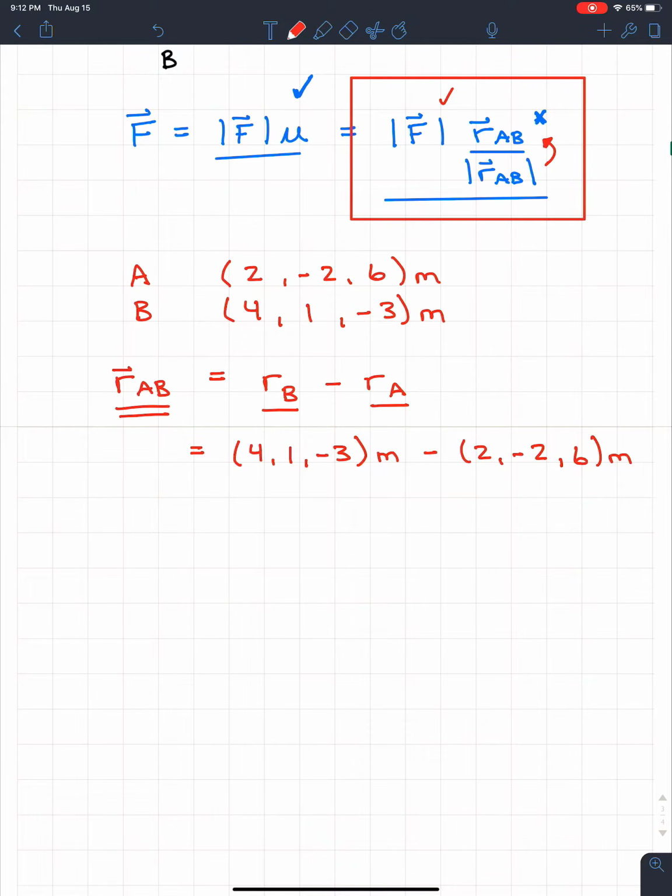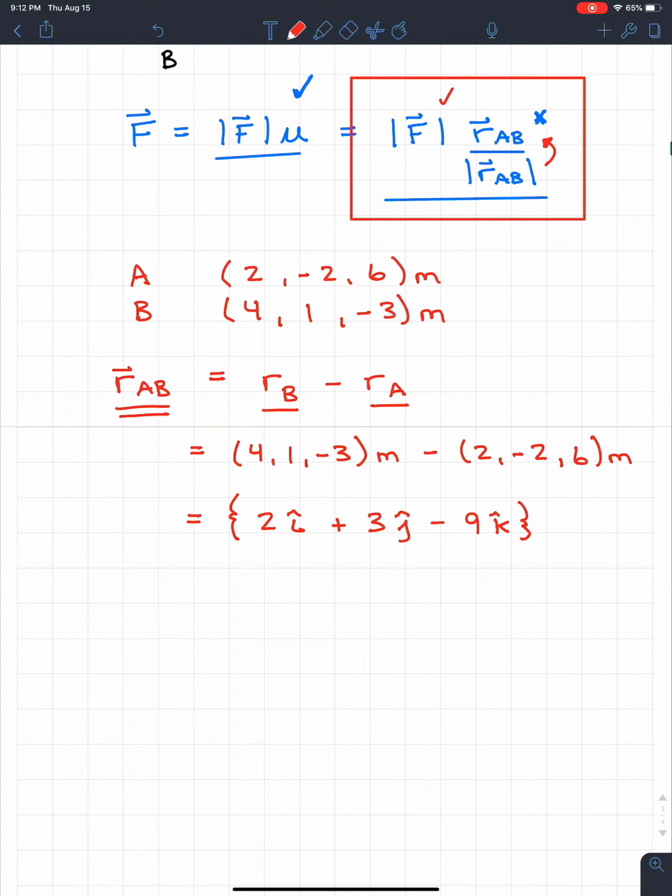And all this is going to be equal to, in brackets, because remember this is a vector, the squiggle brackets: 4 minus 2, which is 2, in the I direction. 1 minus -2, so this is going to be +3, in the J direction. And then -3 minus 6, so this is going to be -9 in the K direction. And then we could end the squiggle brackets.